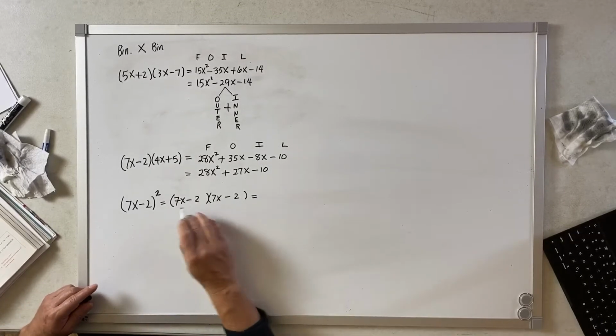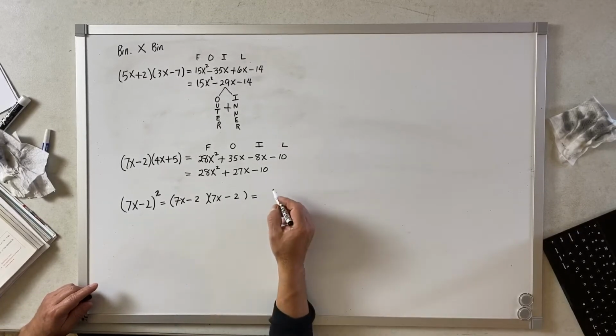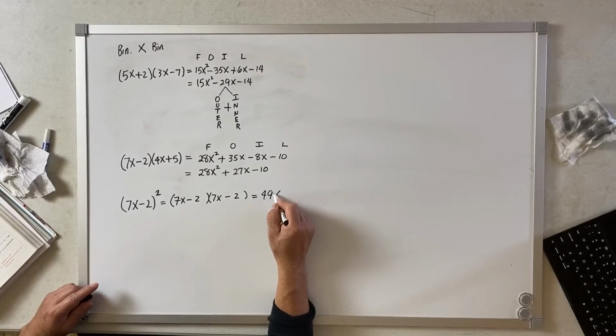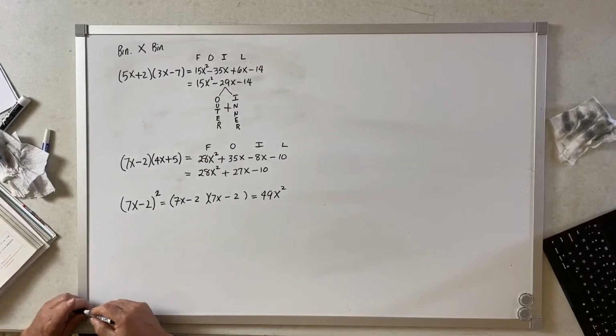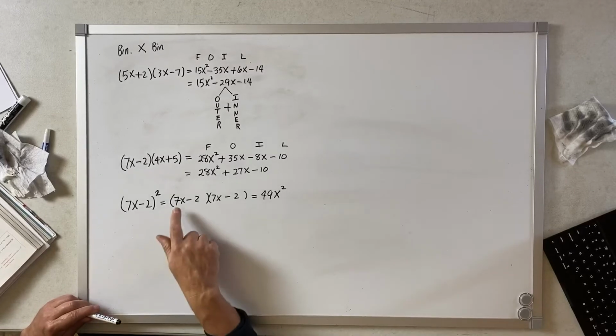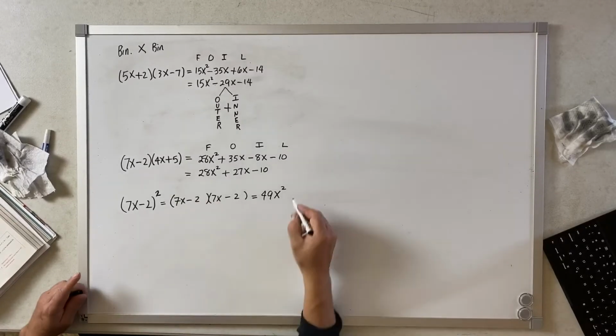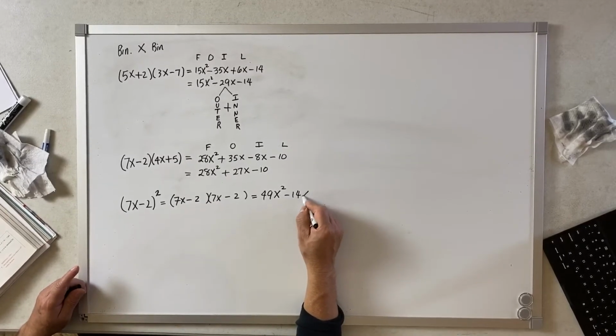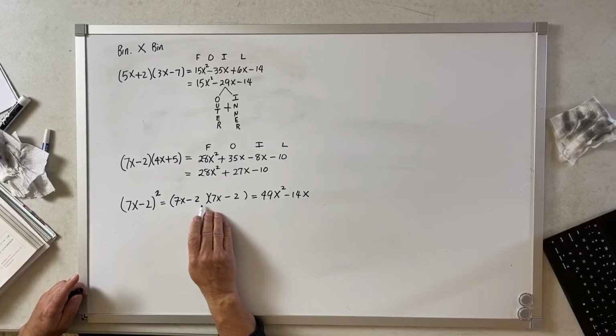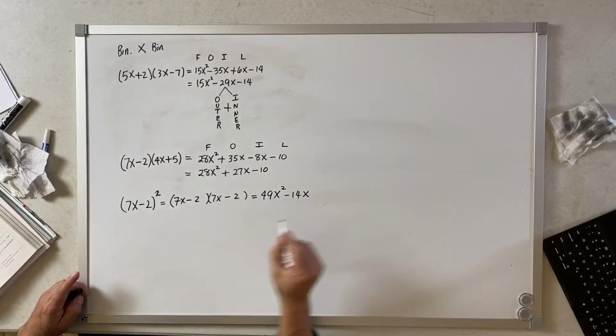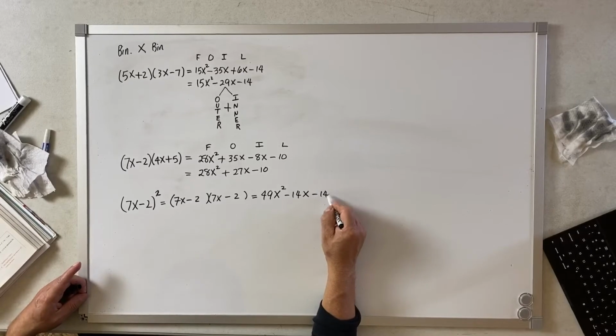What's first? 7x times 7x, 49x squared. What's outer? 7x times negative 2, negative 14x. Look at inner, it's the same thing. Negative 2 times 7x, negative 14x.